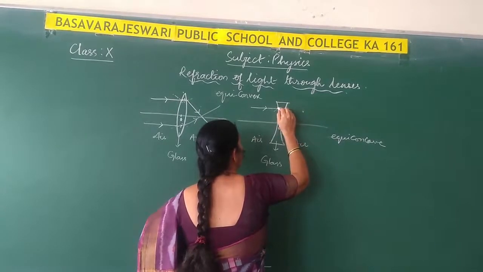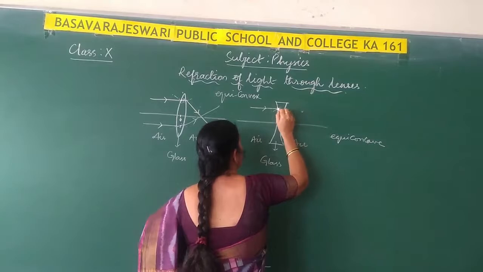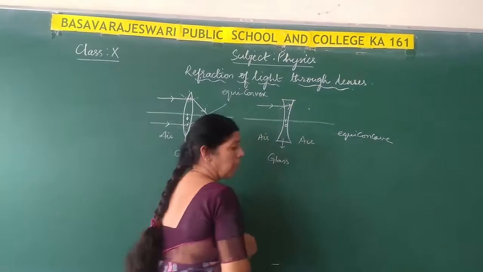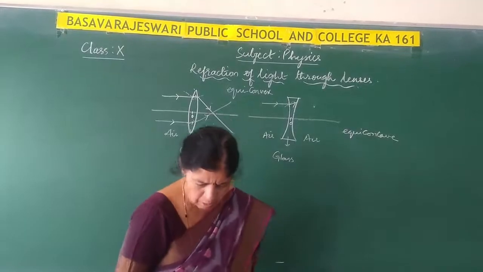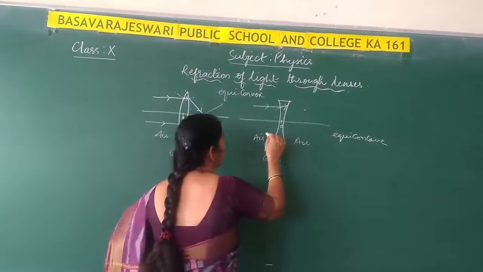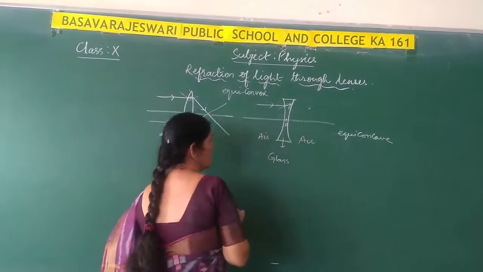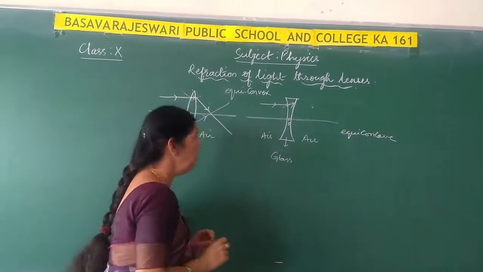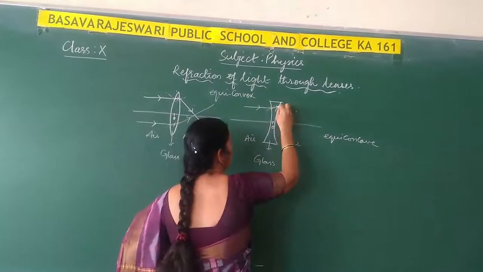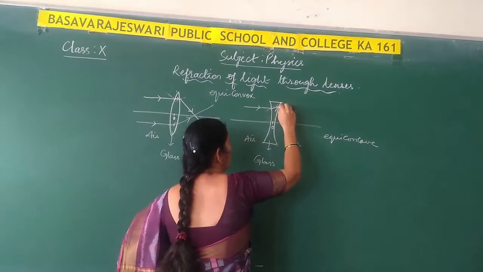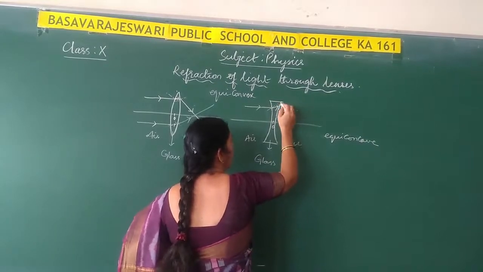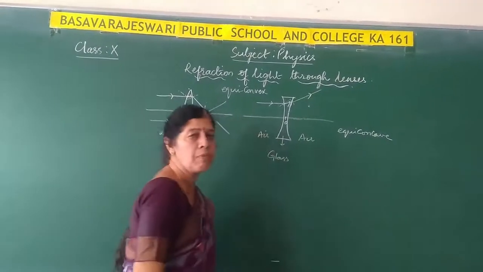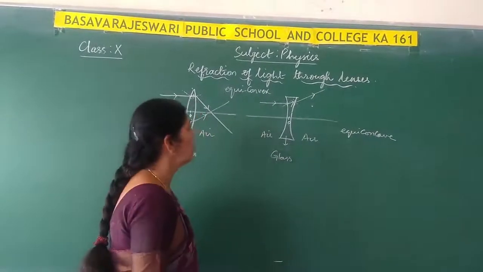Then how does the light ray bend? The light ray will bend towards the normal, because the light ray is traveling from air to glass. Now, the light ray passes through the glass medium, and again at this point, draw the normal. The light ray will bend away from the normal because it is traveling from denser to rarer medium.